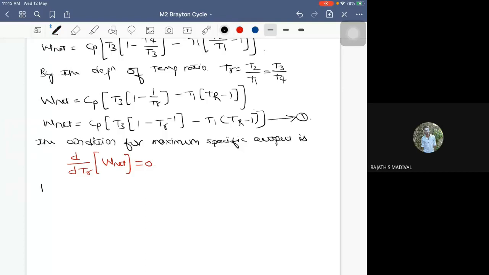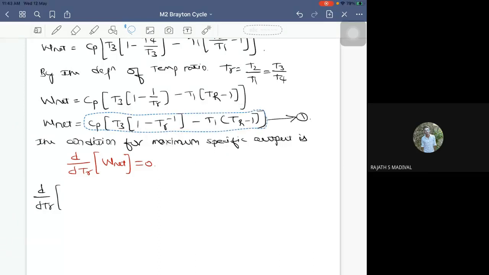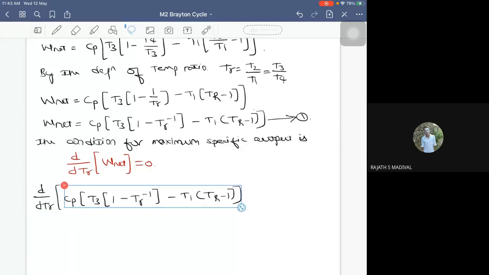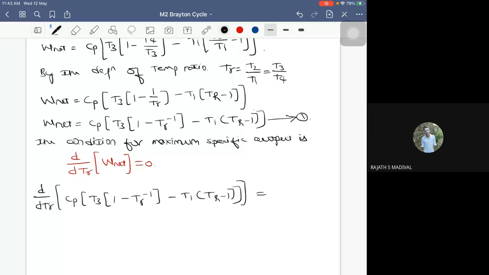So now it is d by dTR of W net. I will copy this W net here, and this should be equal to 0. Okay.